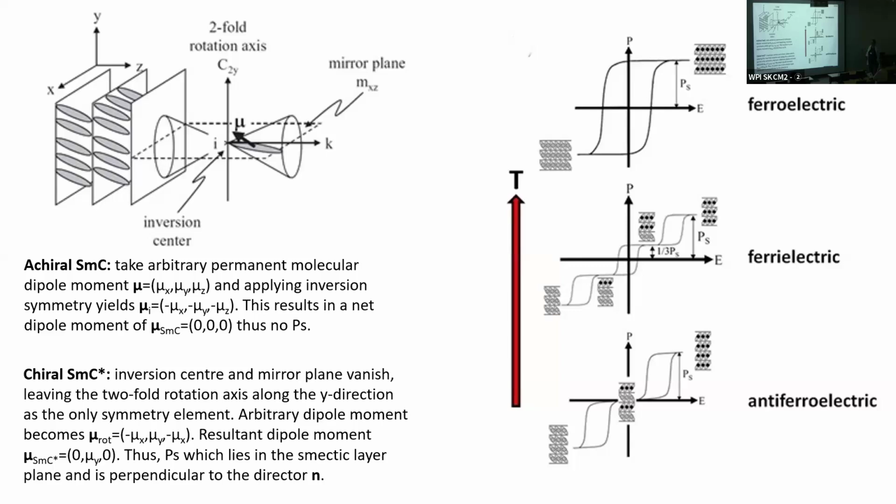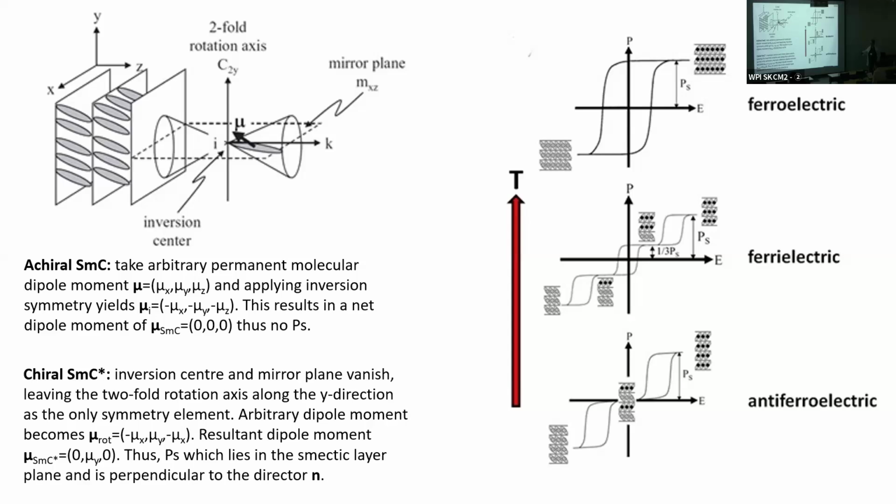And so if you apply these symmetry elements to your arbitrary dipole moment, you end up with 0. Right? Because applying inversion symmetry to your arbitrary dipole moment gives you the negative of it, so the total is 0.